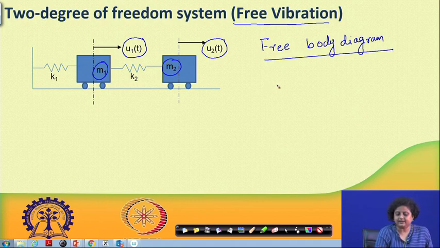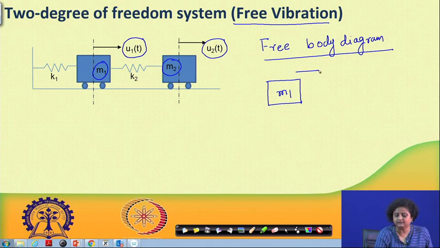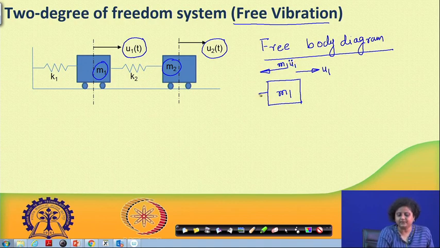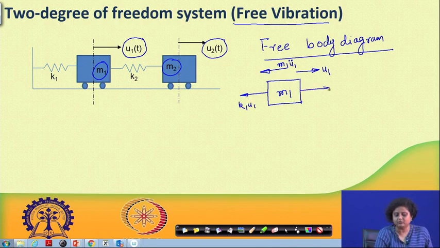Let me first take mass m1. This is mass m1, it is undergoing a displacement u1, therefore it is experiencing an inertial force which is nothing but m1 into u1 double dot, and then there would be a spring force which is k1 u1, and there would be another spring force which is going to be k2 (u2 minus u1).